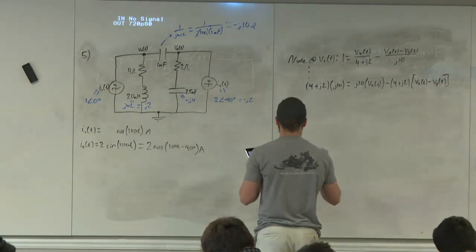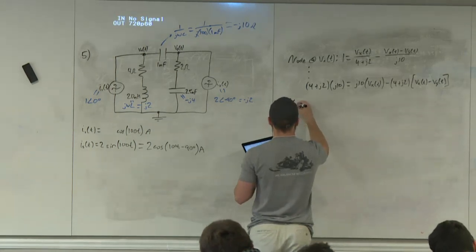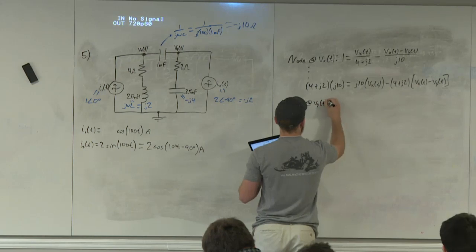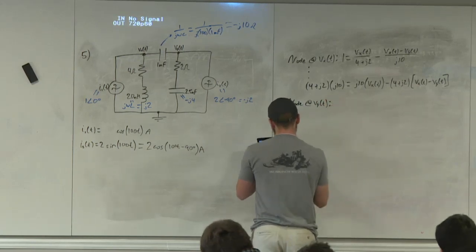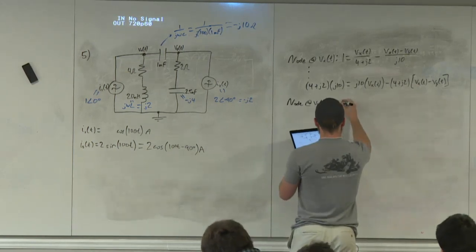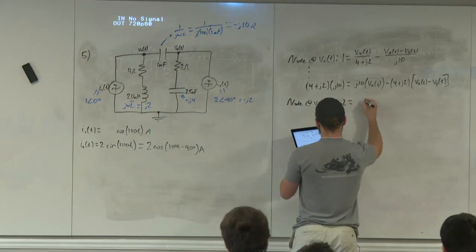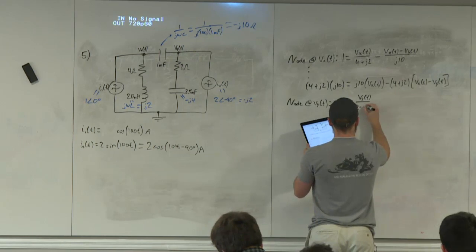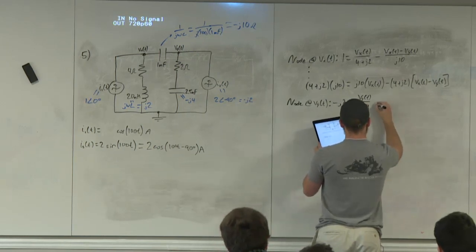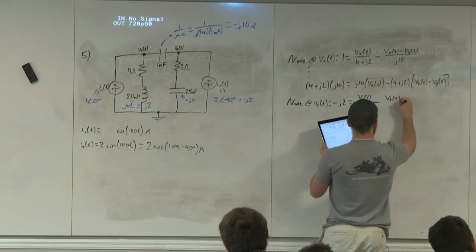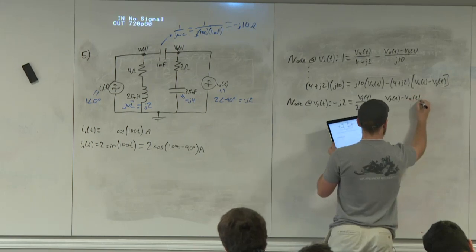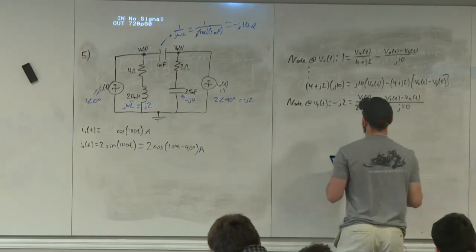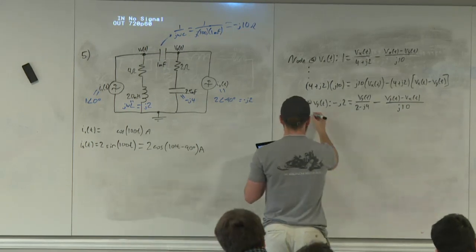Then I do nodal at Vy of t. Negative j2 is equal to Vy of t over 2 minus j4 minus Vy of t minus Vx of t over j10. I do the same thing with this one.